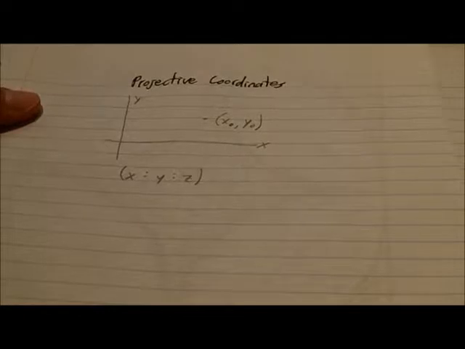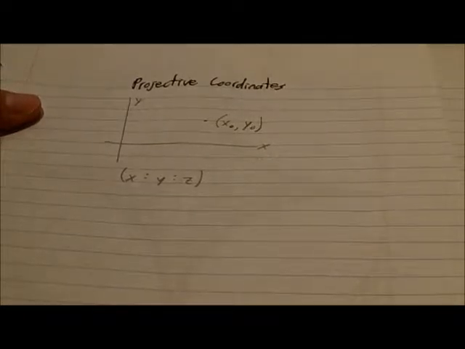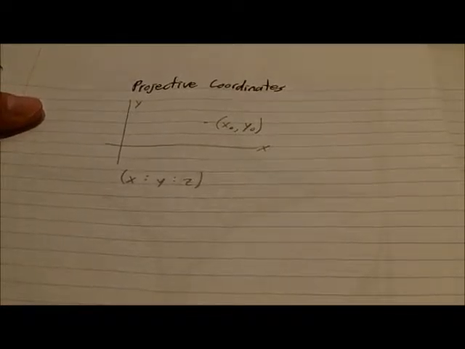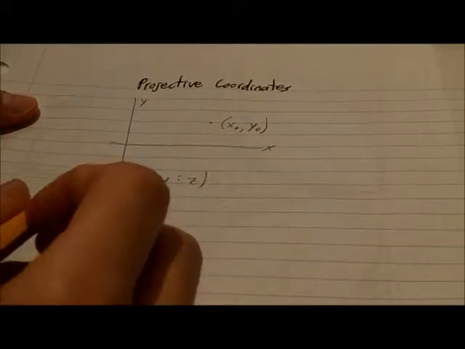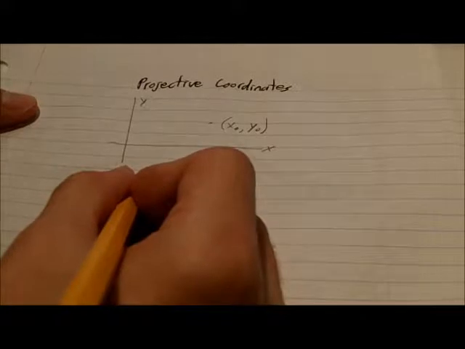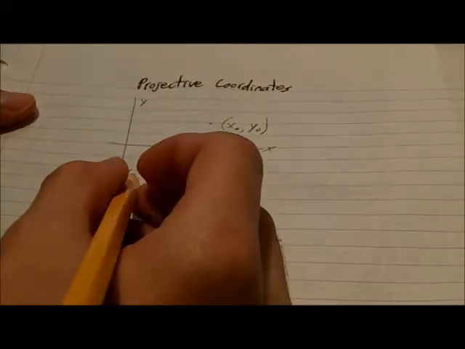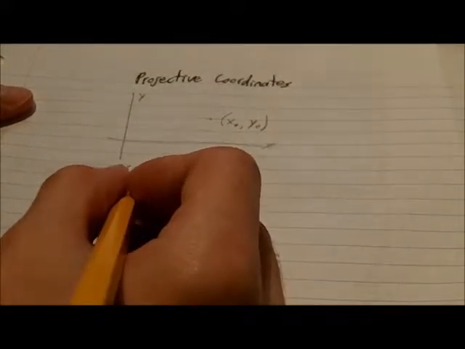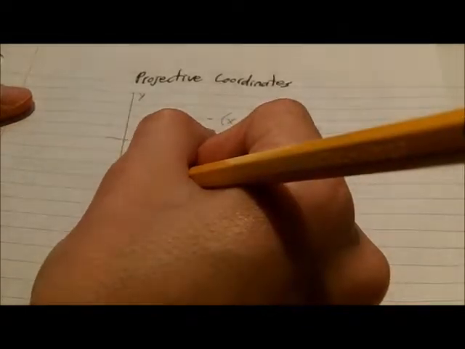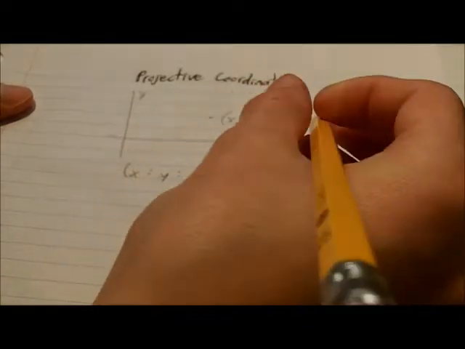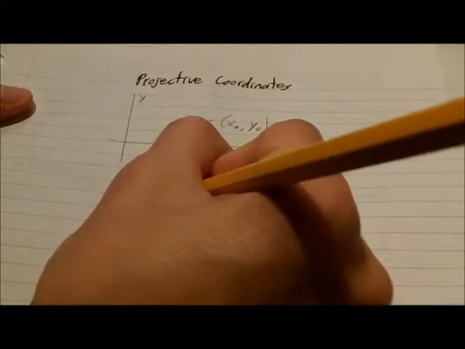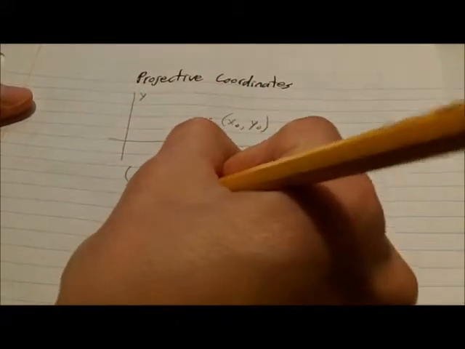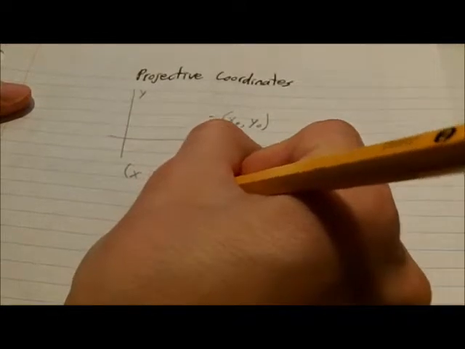And for projective coordinates, there's obviously a new way of describing the point, because we have three variables. The x-coordinate of a point on the projective plane is, think of it as the value x divided by the value z, and then a comma, y over z.